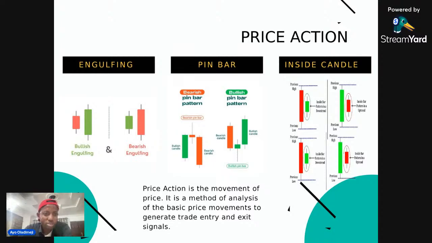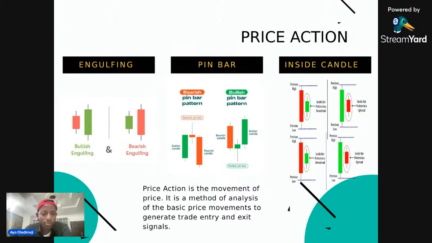Now, this engulfing is only used for trading where it occurs at a low of the market, at the bottom of the market. We talked about that when we looked at the basic principle of trading. We say buy low, sell high. So you only use this as an indication to buy a currency pair when you find this bullish engulfing at a low level of the market. Now, bearish engulfing is just the opposite of bullish engulfing.